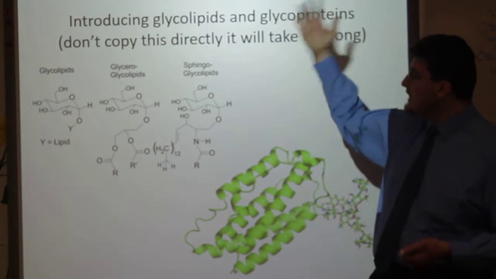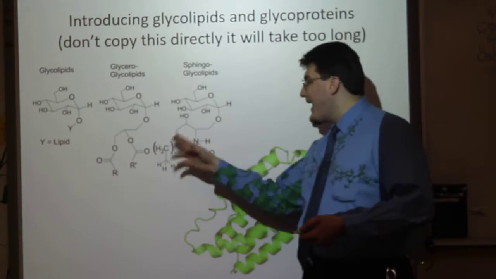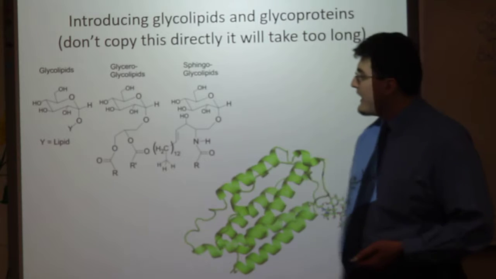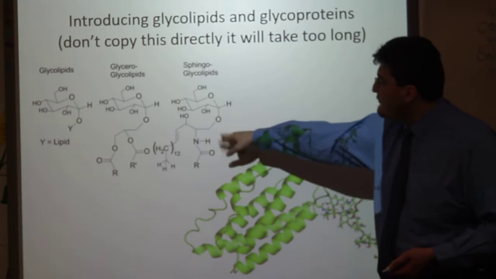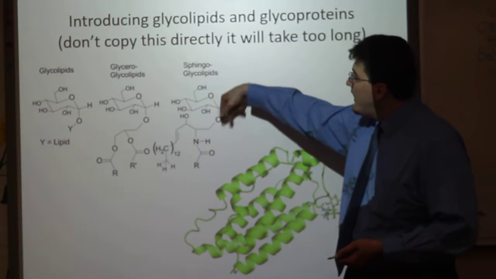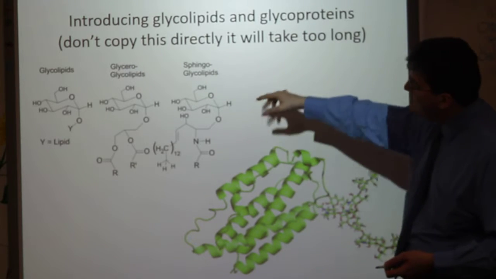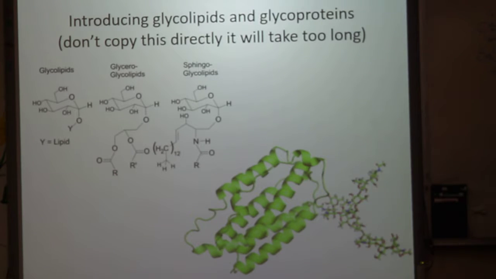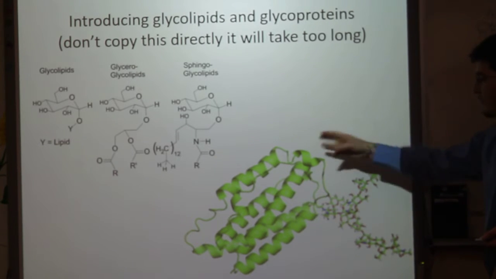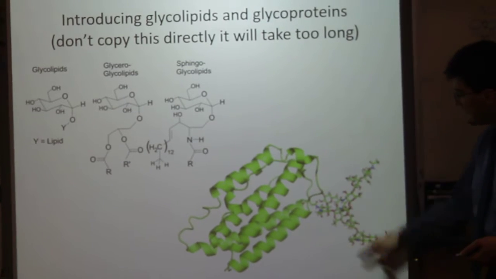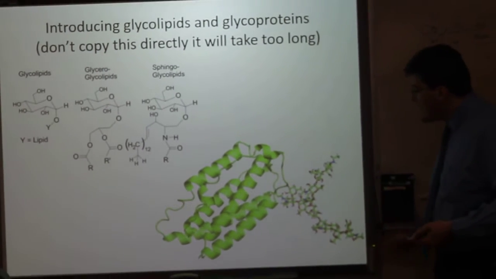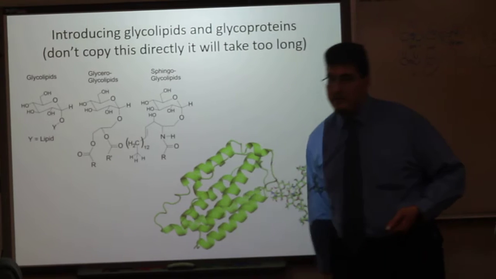You could have a sphingoglycerolipid, where you have some chain right there, and a fatty acid right there, and this is a carbohydrate right there. You can also have a glycoprotein. So this is a carbohydrate right here, and this is a protein right there.